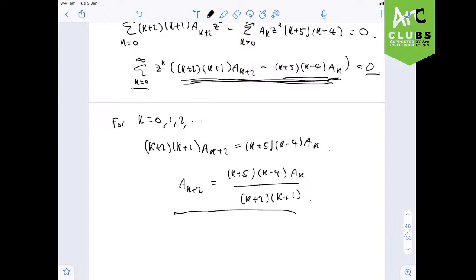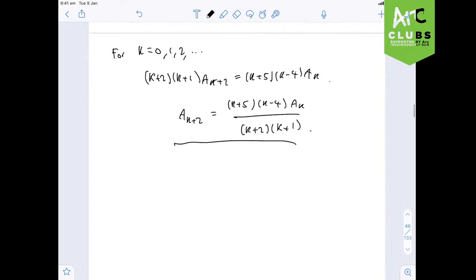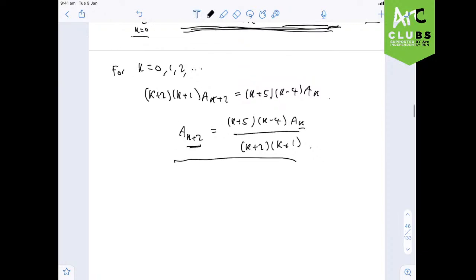Now, we're not quite done yet because we need to know what a0 and a1 are. We need both of them to define this recurrence relation because, as you see, they increase by 2. So it's like we have a relationship for the even terms and for the odd terms. So let's try to find a0 and a1, which are the starting points of these recurrence relations.